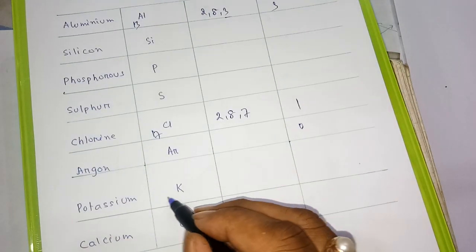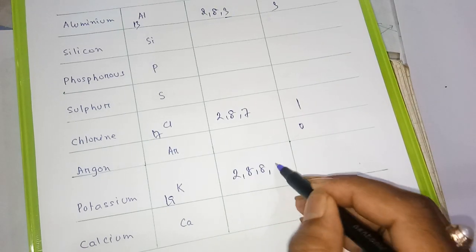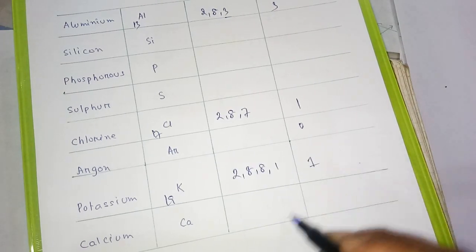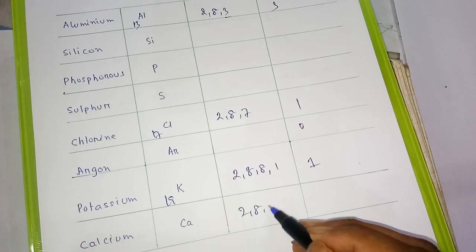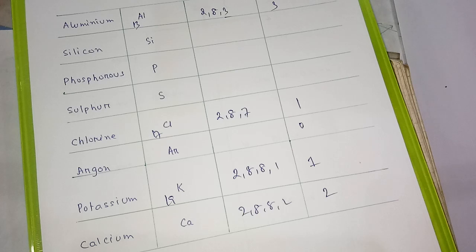Now potassium 19, it is 2, 8, 8, 1, valency is 1. Calcium 2, 8, 8, 2, valency 2. So like that, student, we require to remember the valency. For valency, remember 1, 2, 3, 4, then valency decreases 3, 2, 1, 0, like that. Now another point, student, I want to discuss.